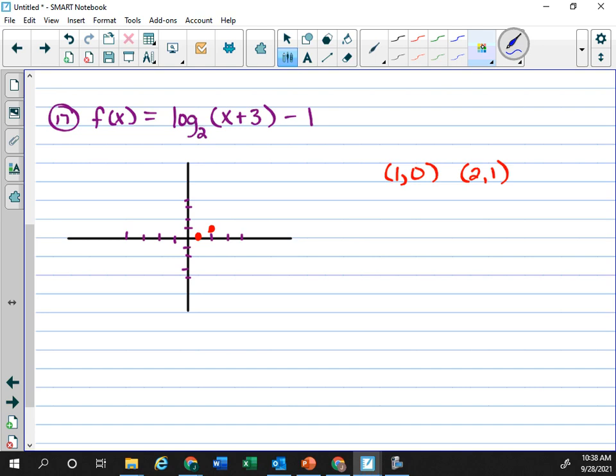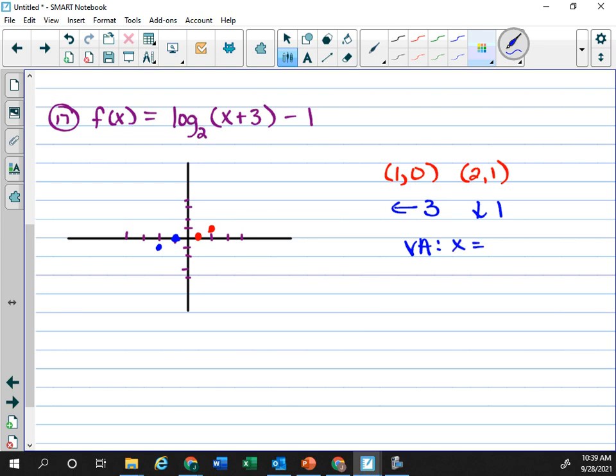Where's my graph going? Yep, left 3, down 1. So I'm just going to take each dot and count left 3: 1, 2, 3, down 1. Left 3, 1, 2, 3, down 1.